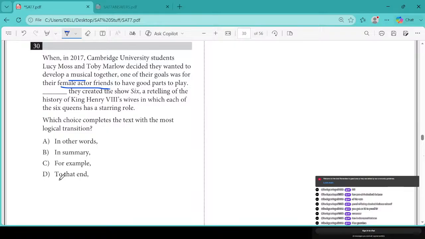To that end. Okay, in other words, that is not rephrasing anything. In summary, I don't think that is summarizing anything. For example, could be, and to that end, I don't know what that means. I've never seen that before. I'm being completely honest, I don't know what that means.